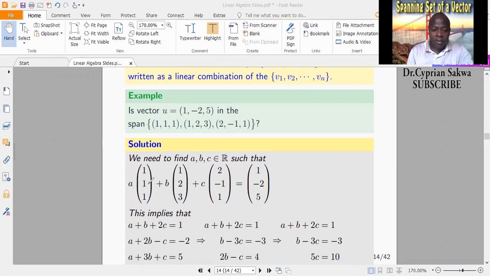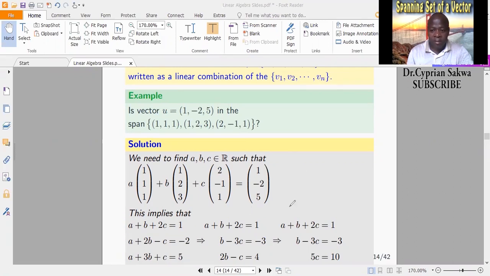Multiplying that out, I have A plus B plus 2C equals 1. Then A plus 2B minus C equals -2. And then A plus 3B plus C equals 5. I get this system of linear equations, which we can solve using any method that we know.